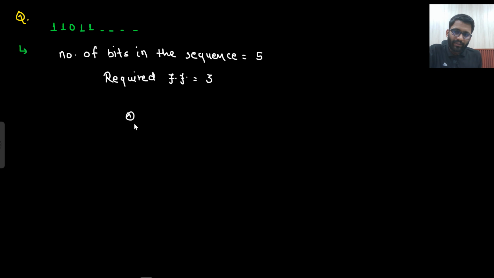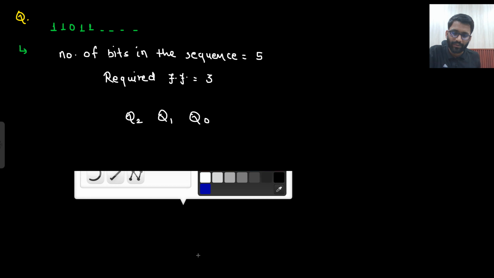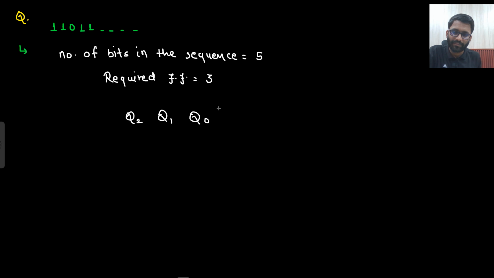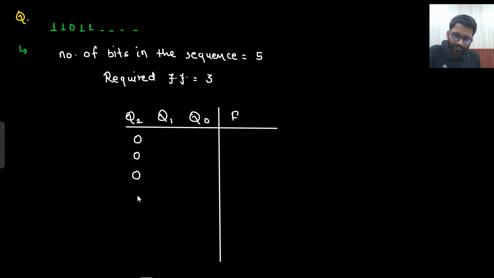So what I am going to write is Q2, Q1 and Q naught. With respect to that, I will have my output F. So these combinations I can write.